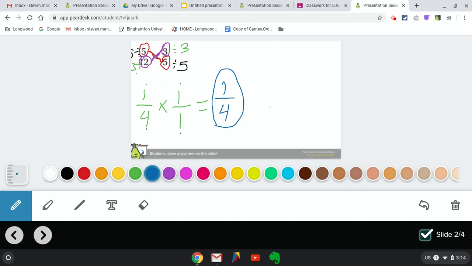I would definitely suggest doing the cross canceling or cross simplifying that I just showed you. And you could just multiply straight across, right? I could do 5 times 3 is 15. And then I could say 12 times 5 is 60, and then simplify this fraction. Or I could go ahead and do my cross simplifying or cross canceling.